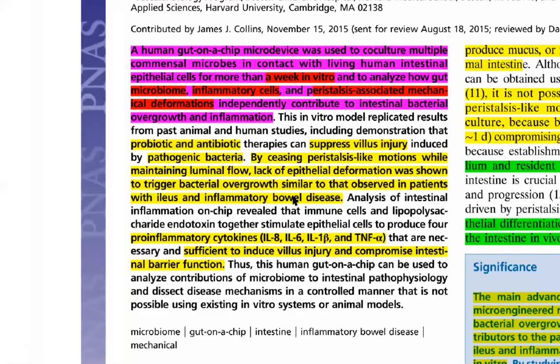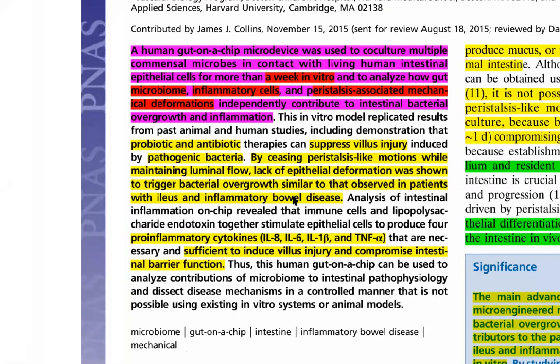So to put it in a nutshell, they used a human gut-on-a-chip microdevice that was previously designed and showed its potential for culturing epithelial cells with good in vivo-like functionality. It was used in this study to co-culture multiple commensal microbes in contact with living human intestinal epithelial cells.